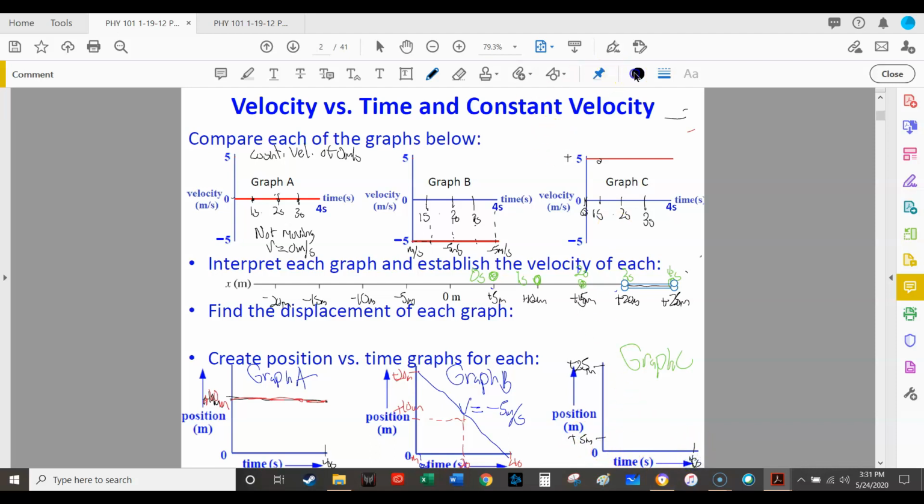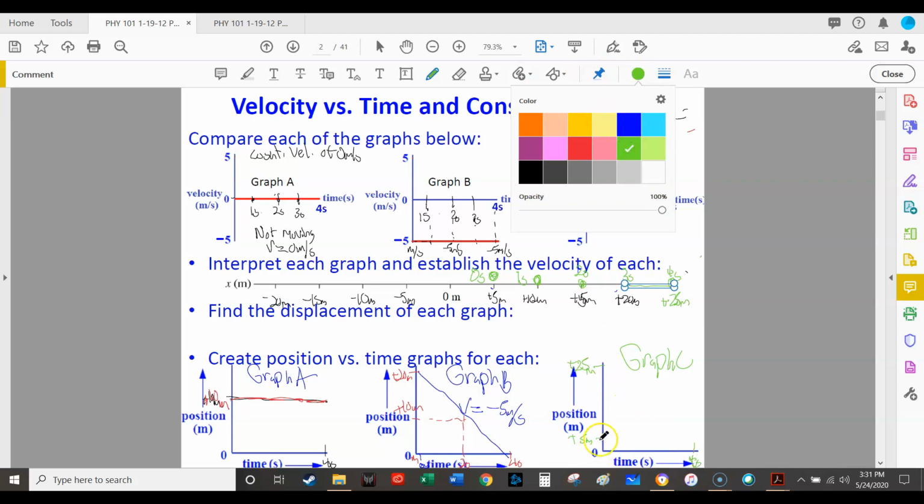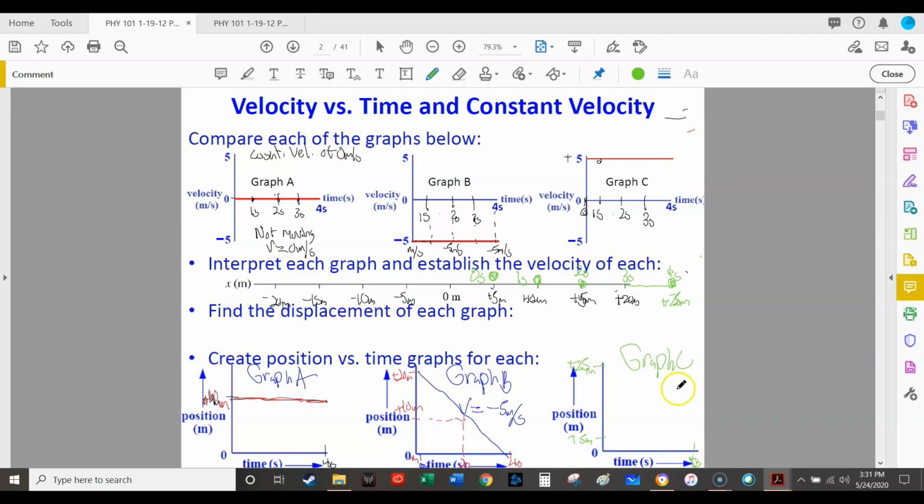So this is an object that starts off at the 5 meter mark at 0 seconds, and then ends up at the 25 meter mark at that point in time.